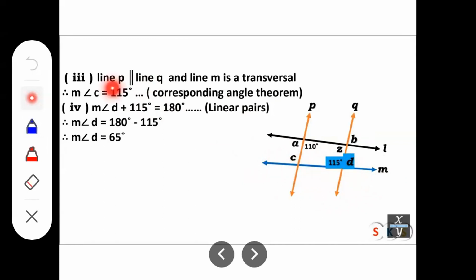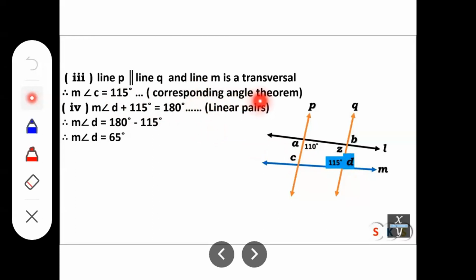So let's write it: line P is parallel to line Q and line M is a transversal. As this angle is given 115 degree, angle C will also be 115 degree. The reason is the corresponding angle theorem.